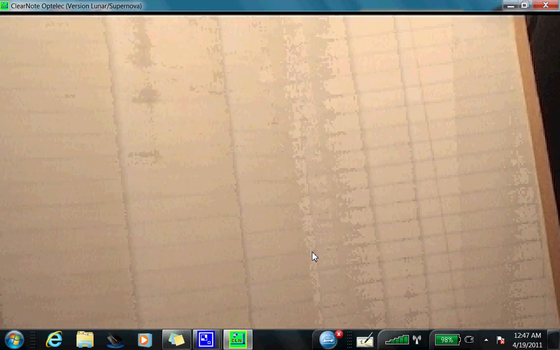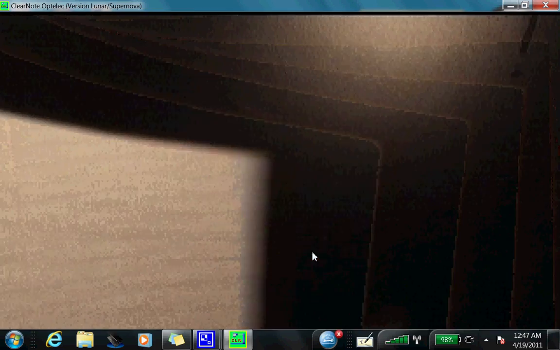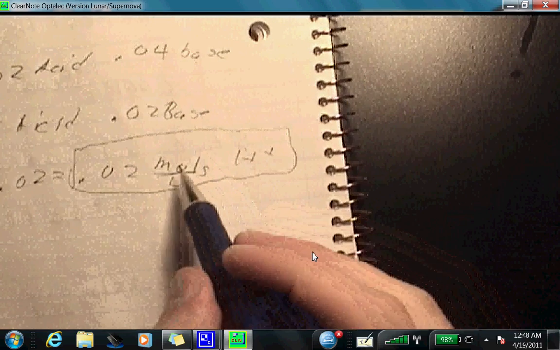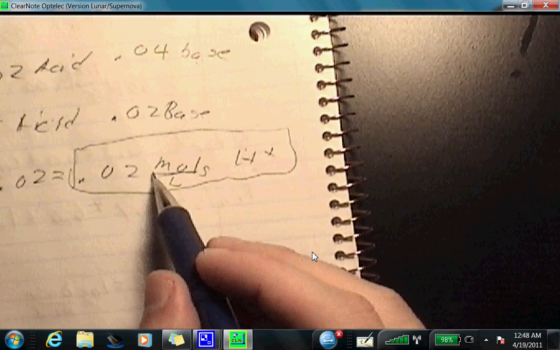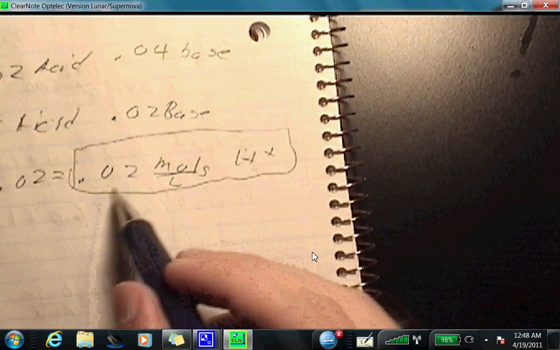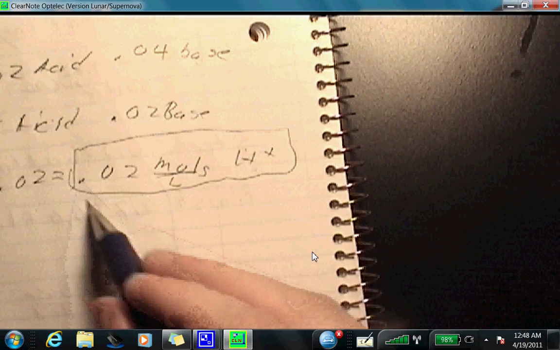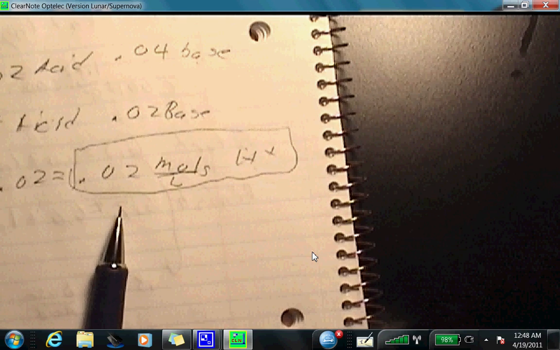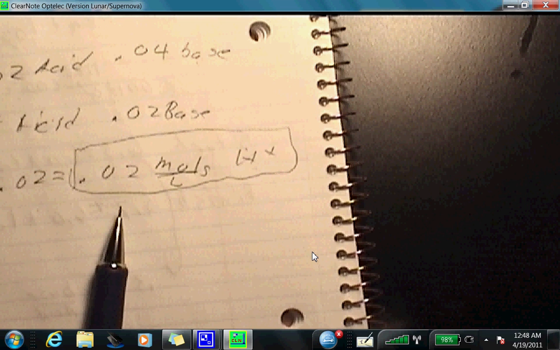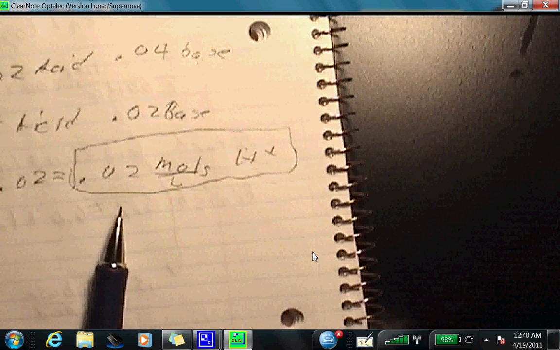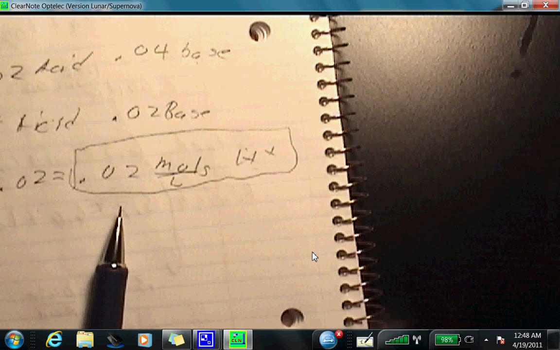Also, part B of this is pretty simple. You've created this much acid, so if your buffer wasn't there, this is how much acid there would be, and you take the negative log of this, and your pH for part B after doing that is going to be 1.7.